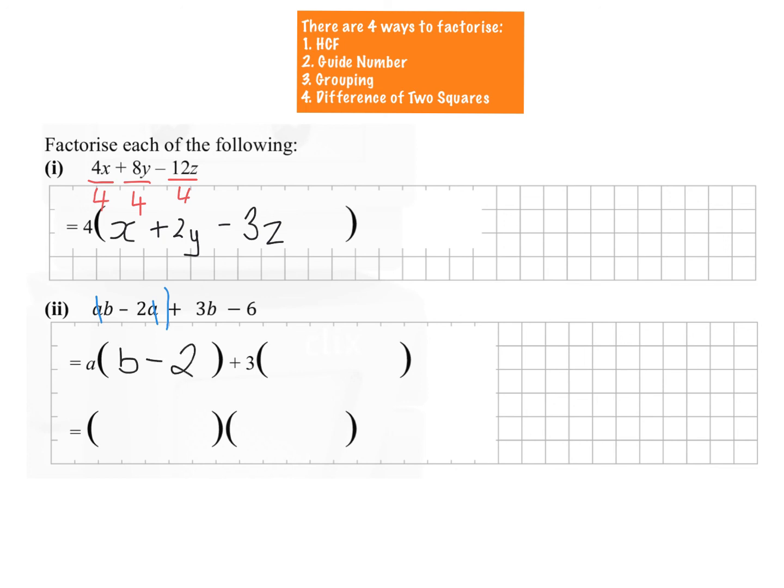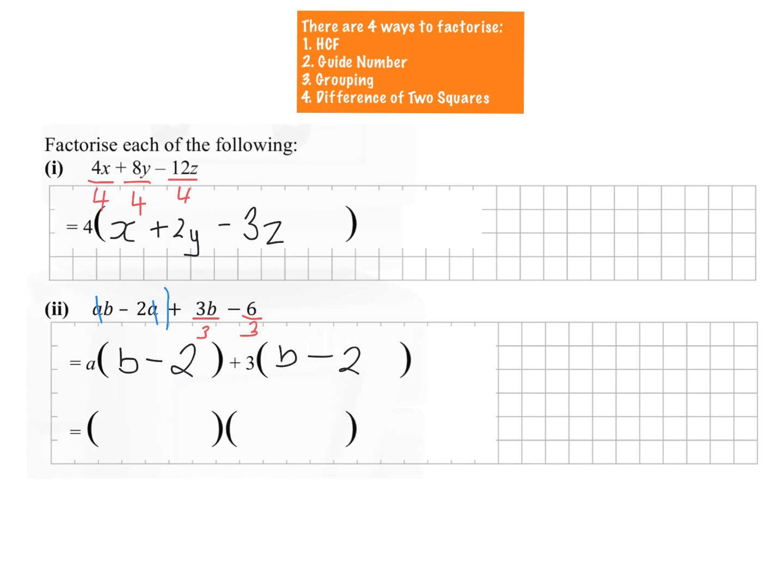And I'm left with 3 on the other side. If I divide each part by 3, divide this by 3, and divide this by 3, I'm going to be left with just B, 3 divided into minus 6 is minus 2.